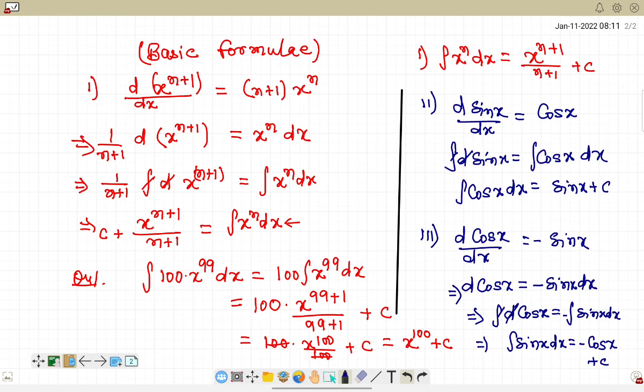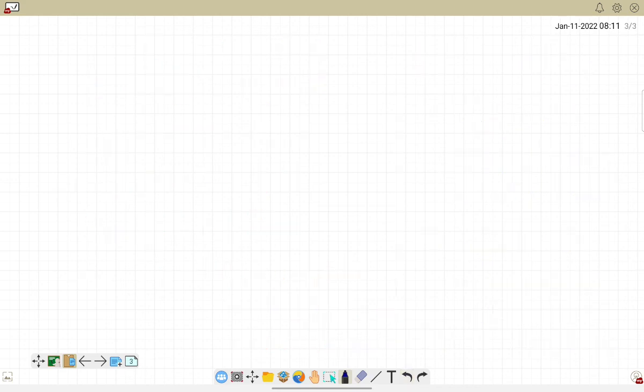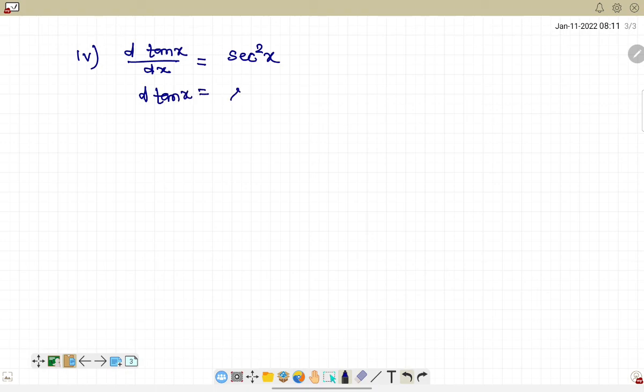Move to the fourth one. Once you move to the fourth part, we can write the fourth formula: differentiation of tan x with respect to x is equal to secant square x. Now we can write d of tan x is equal to secant square x into dx. We can take the integration sign on both sides, so these two will cancel.